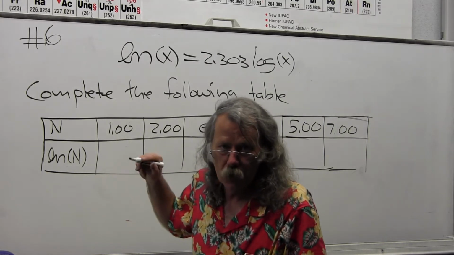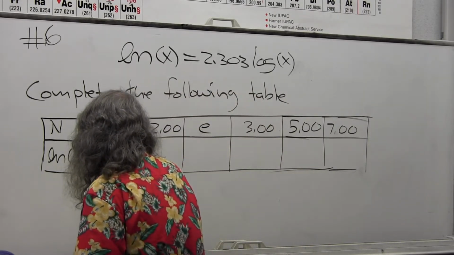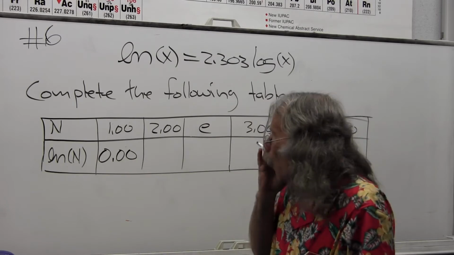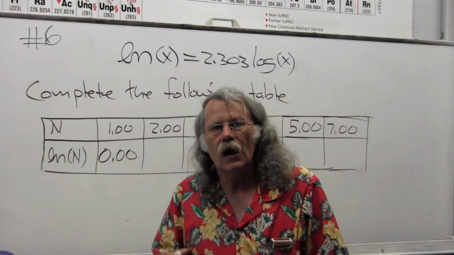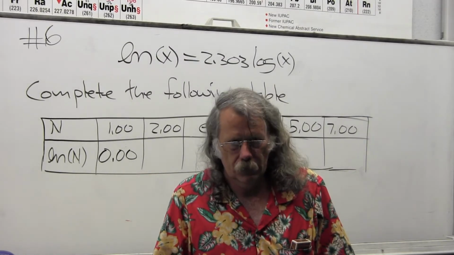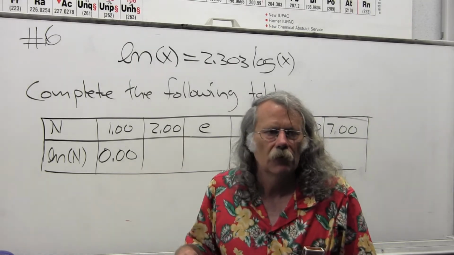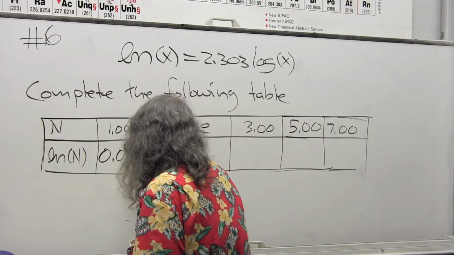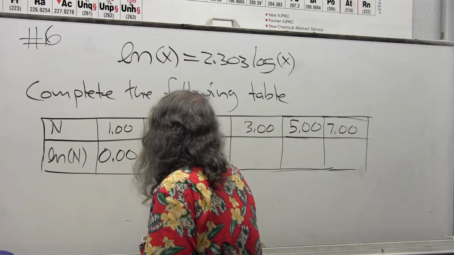And 2.303 times 0, you can do it in your head, is 0.00. Okay? And now the log of 2 is 0.301. And so with 3 sig figs times 2.303, it's going to be 0.693.